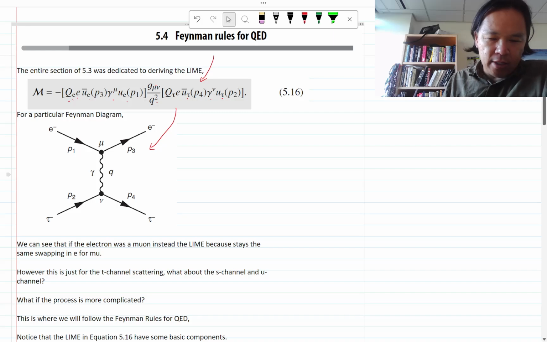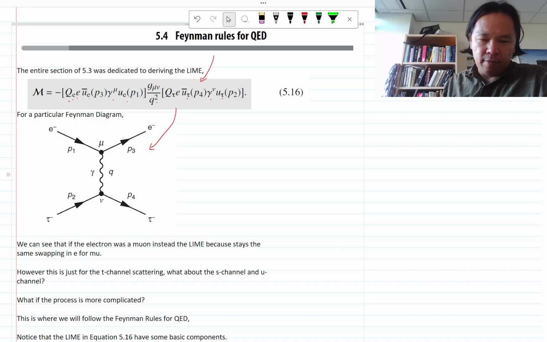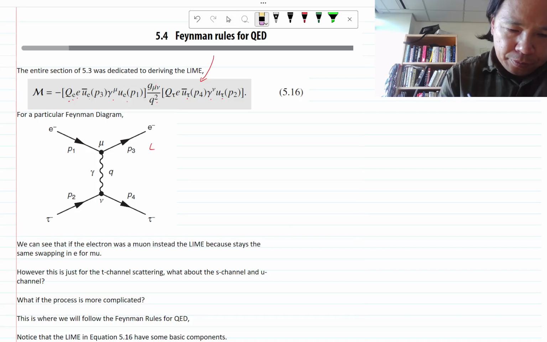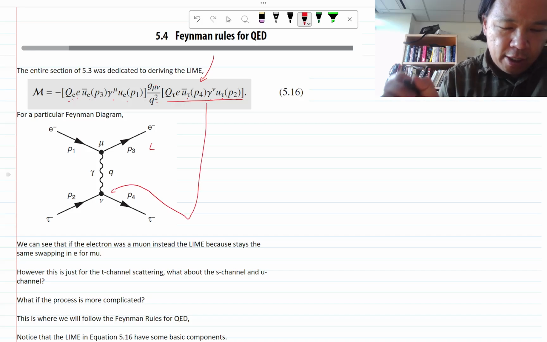So this seems like a lot of work, right? What we can do is, as I told you towards the end of last video, that there's some pattern here that we're seeing. So let me remind you what this pattern is. Basically, this whole piece here came from the bottom half of the vertex.